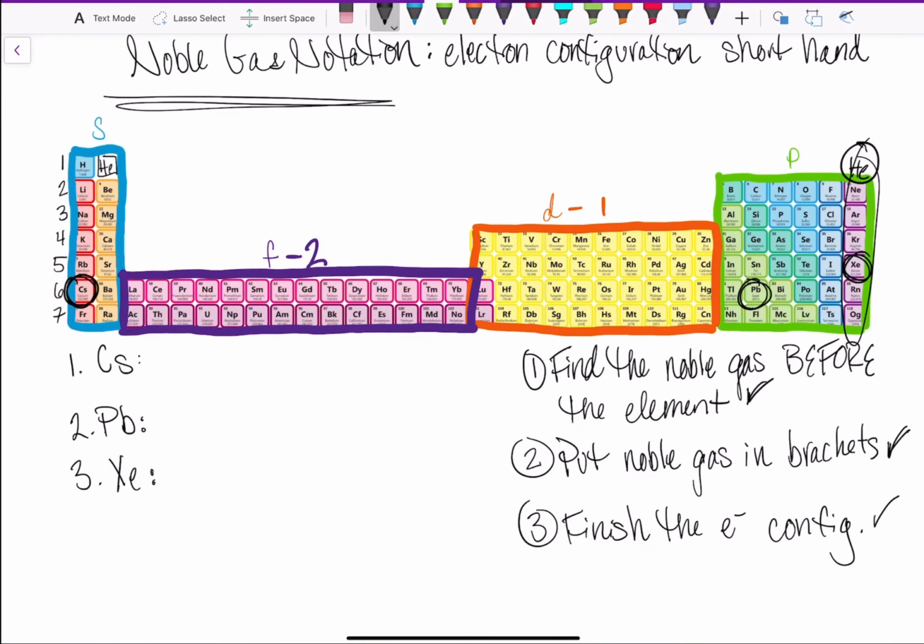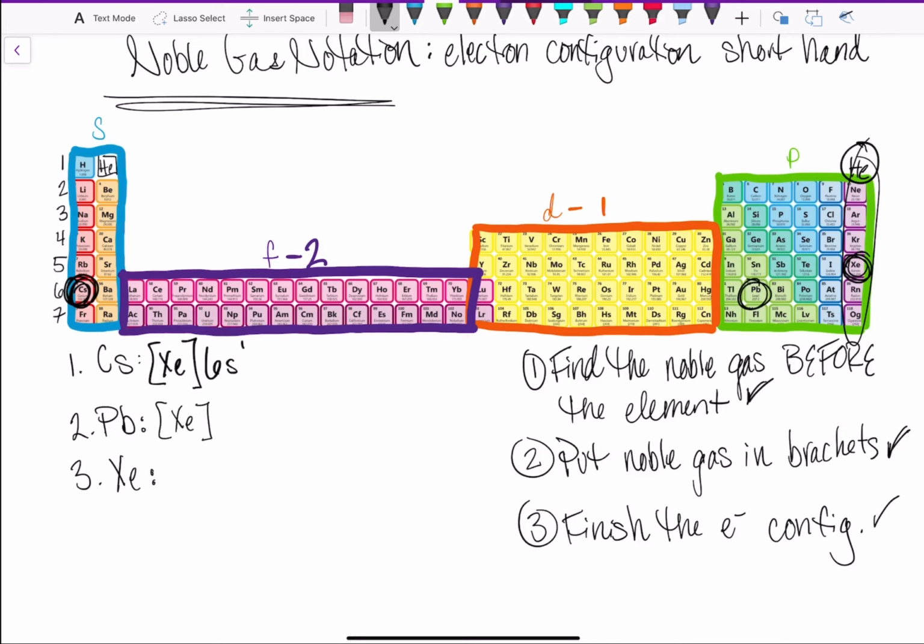Okay, let's go over the answers. So cesium right here, the noble gas before it is xenon, so we put Xe in brackets, and we finish out the configuration of just 6s1. That's the noble gas notation for cesium. For lead, we also have xenon as the noble gas, Xe.